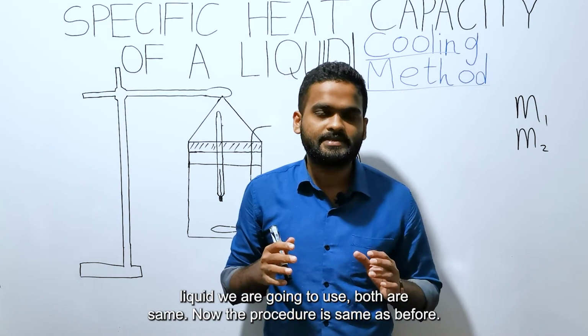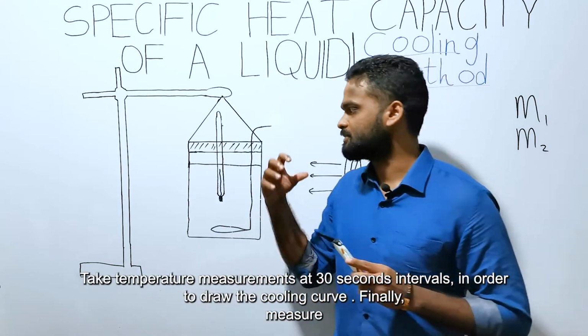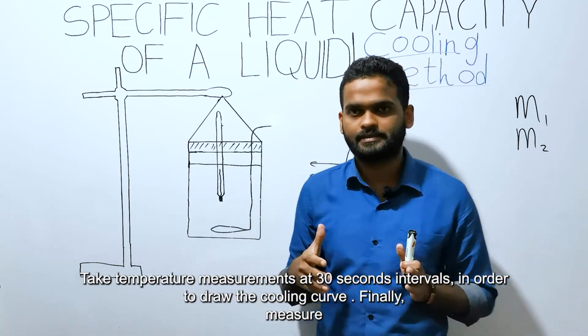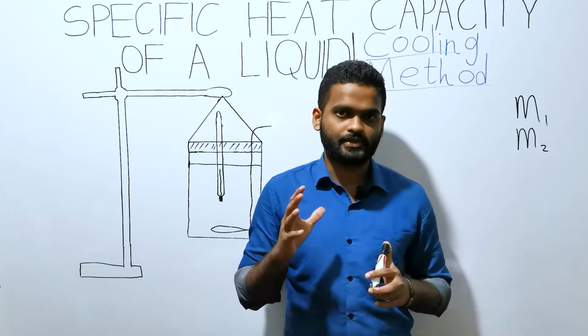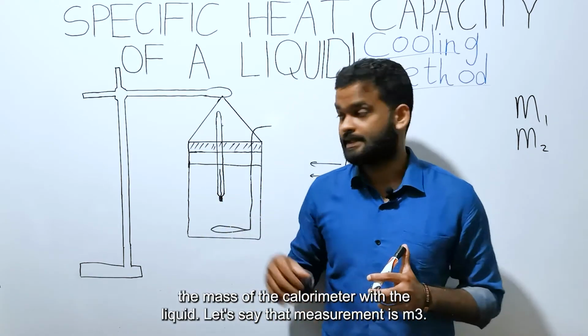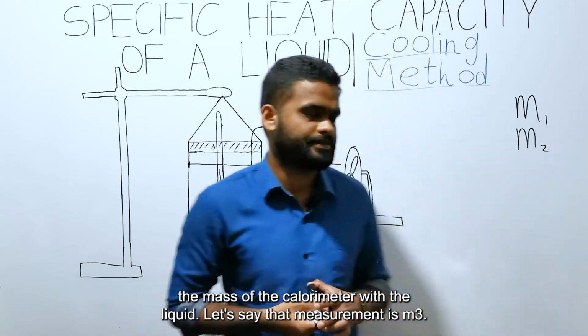Now the procedure is same as before. Take temperature measurements at 30-second intervals in order to draw the cooling curve. Finally, measure the mass of the calorimeter with the liquid. Let's say that measurement is M3.